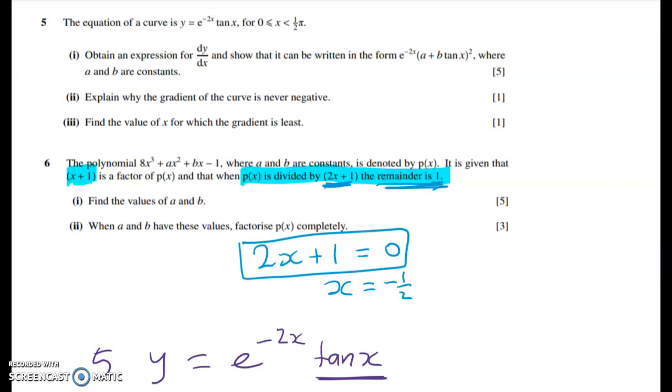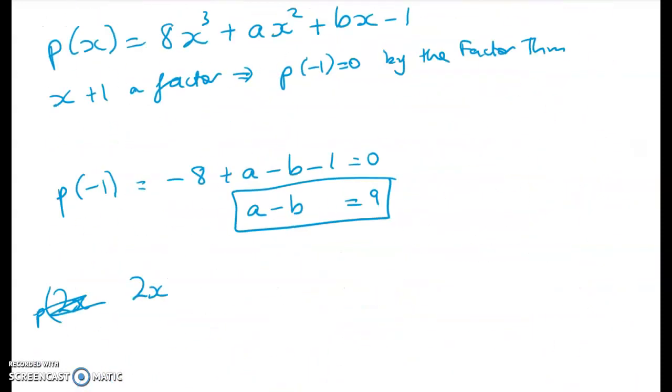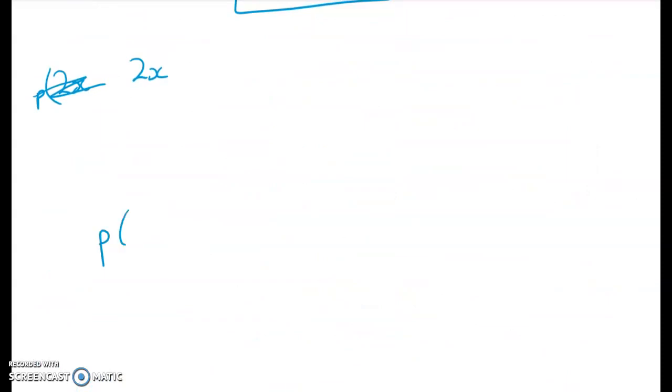And because we know the remainder is 1, by the remainder theorem, it's telling us that when we evaluate the polynomial at this x value, the polynomial will have a value of 1. So p of negative a half is equal to 1.